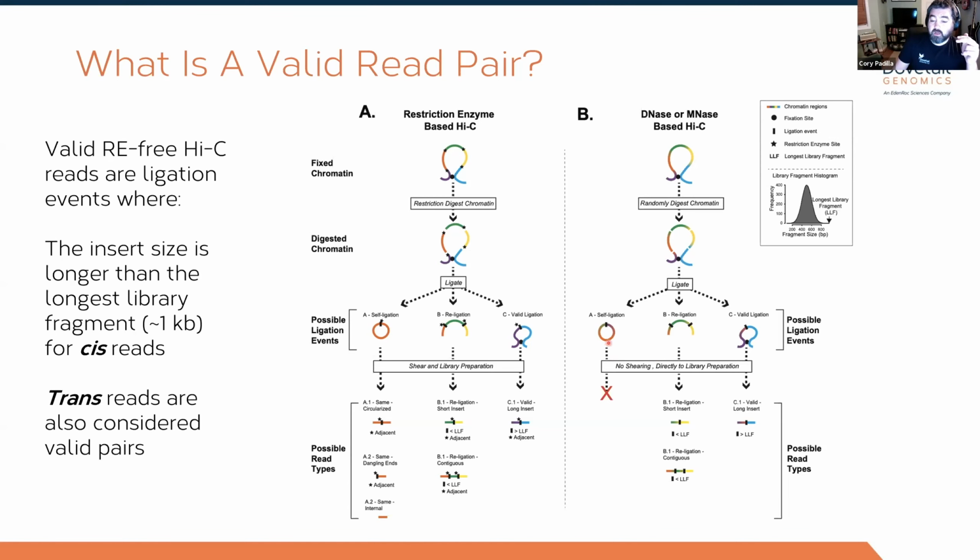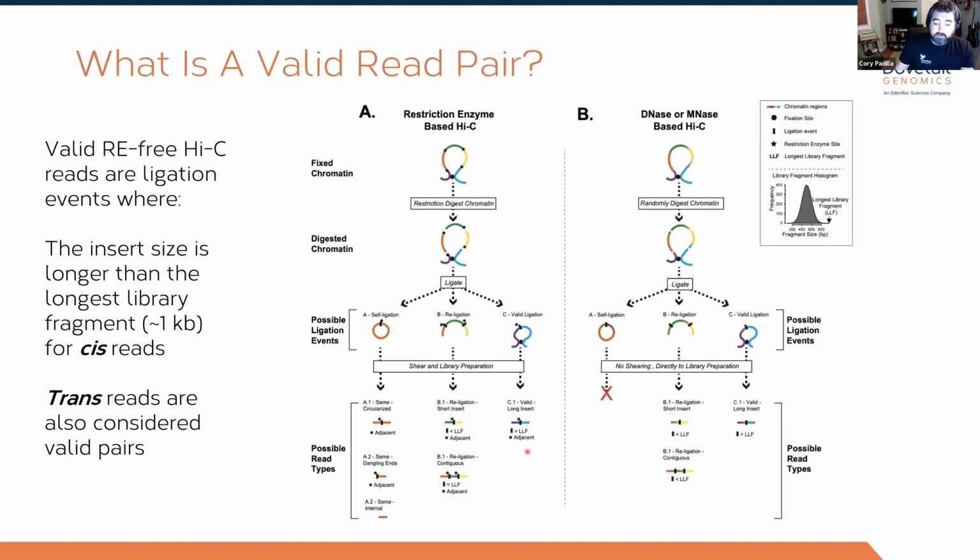Therefore, the self-ligation events aren't included into the library. Right? If it's a circle and you don't cut that circle anywhere, there's no place for you to adapt a sequencing adapter to. Therefore, it just never gets converted into a library, which is really nice. So by this method alone, we reduce a big part of the noise in the system.